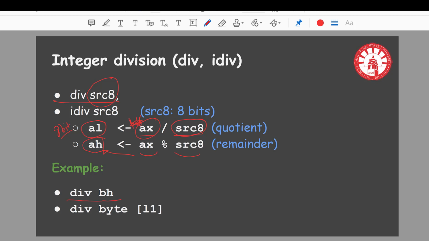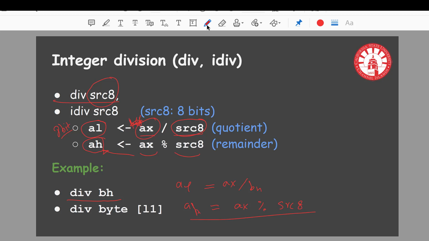So here is an example of it. You have div bh. It means that you take the register AX, you divide it by the value of bh, and then you put the result into the AL register. And then in AH, you will take the value of the remainder. AH is going to have the remainder of the division operation.